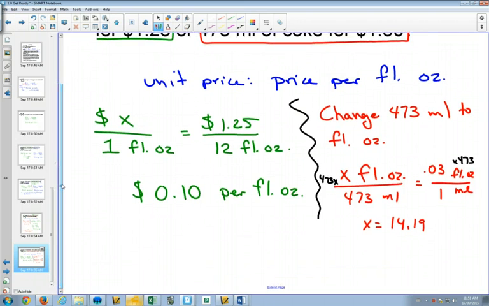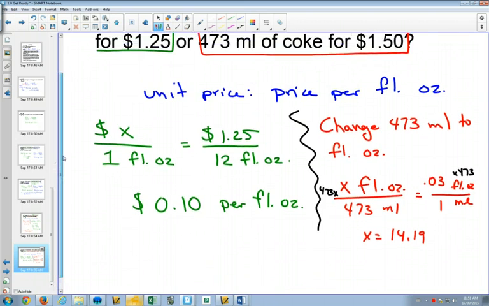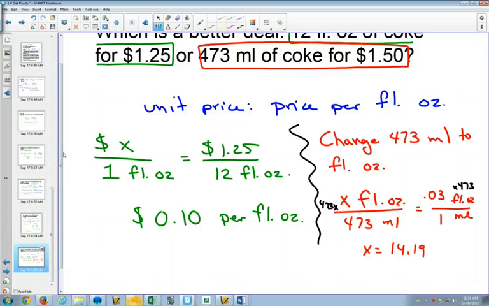So now we know that we were able to buy 14.19 fluid ounces. So we could change this to 14.19. Even though technically, yes, it is 16 ounces if we did it exactly, I'm okay with that.